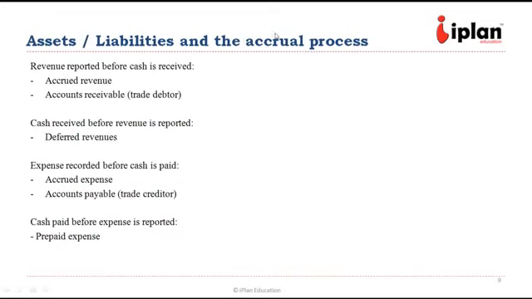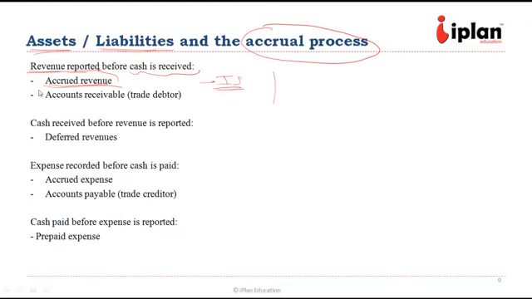Here we will see the impact of the accrual process on balance sheet assets and liabilities. So if the revenue is reported but the cash is not received yet, in that case we call it accrued revenue. So revenue has been earned, so it is reported in the income statement, but cash is not received yet.